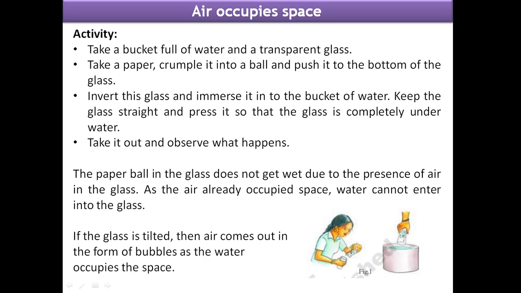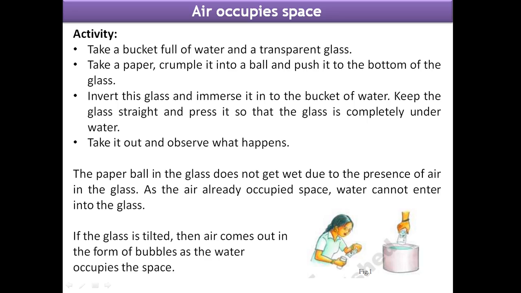Take it out and observe. To our surprise, the paper ball in the glass does not get wet. This is due to presence of air in the glass. As air occupies the space in the glass, water cannot enter into the glass.